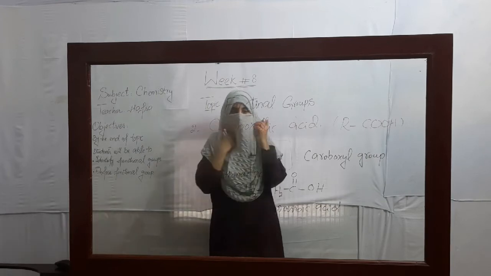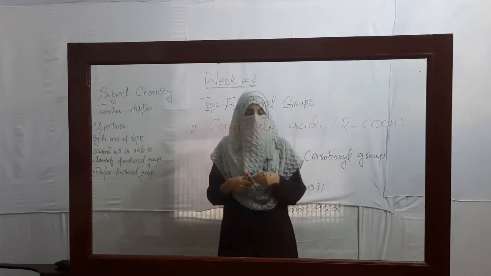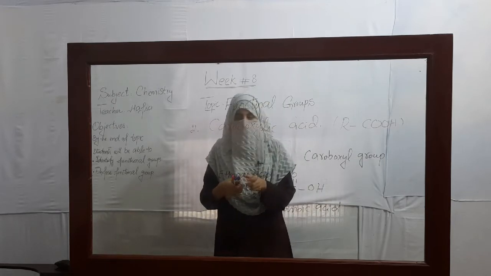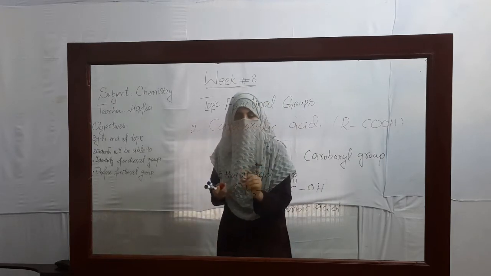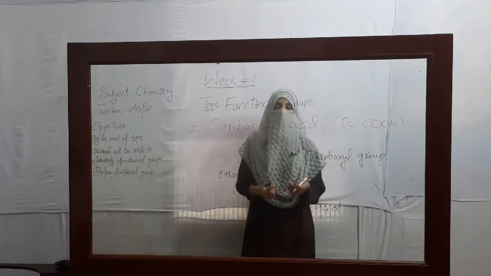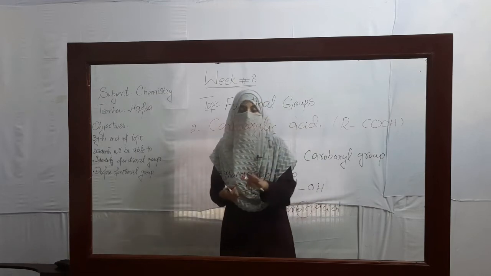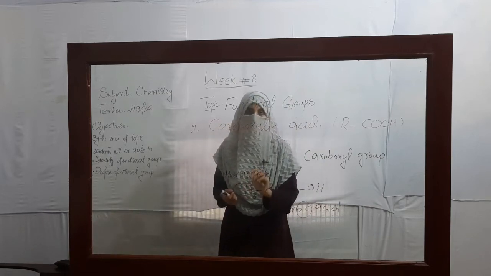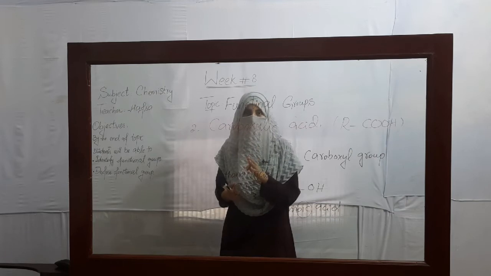So students, on the basis of this ending, -oic acid, we can differentiate between these groups. If the ending is -oic acid, then it belongs to the carboxylic acid family.